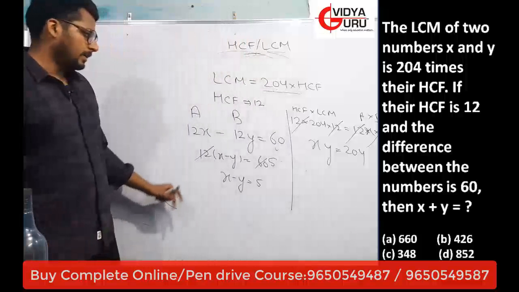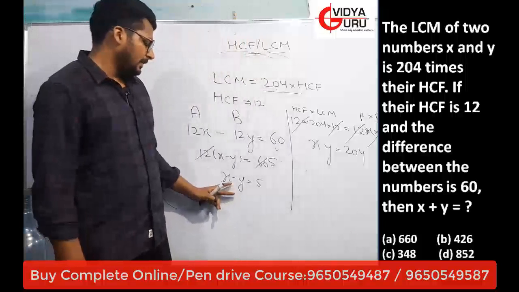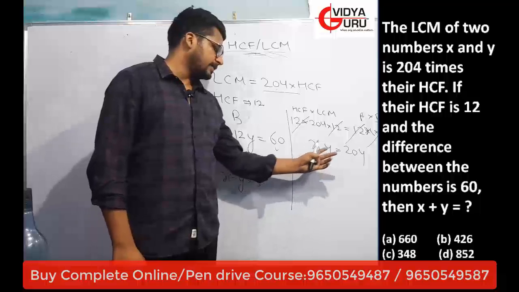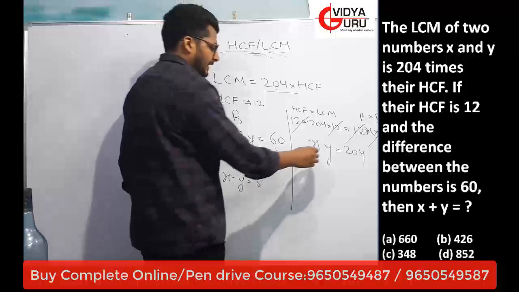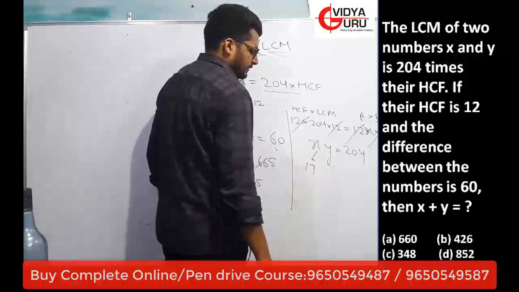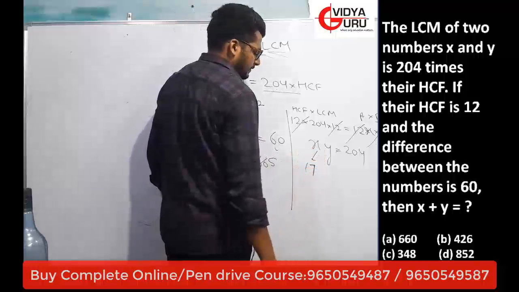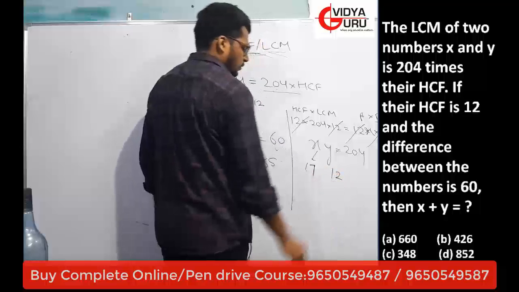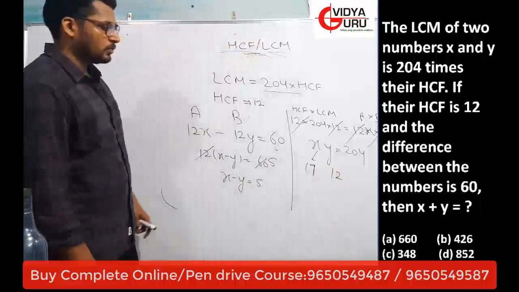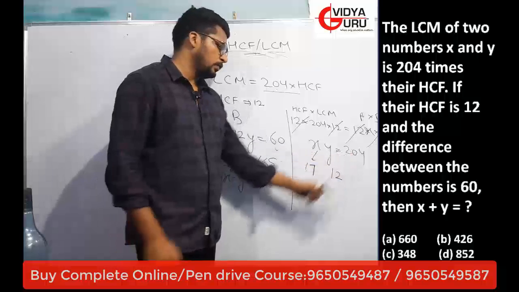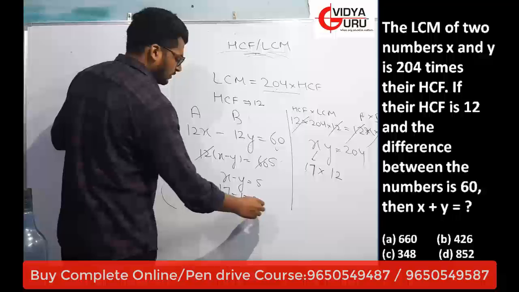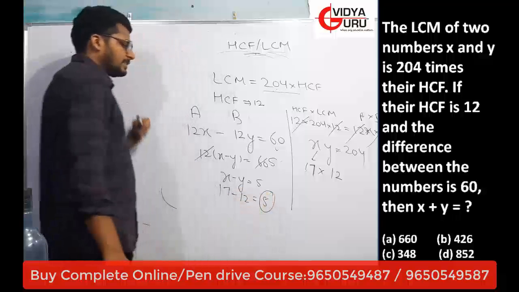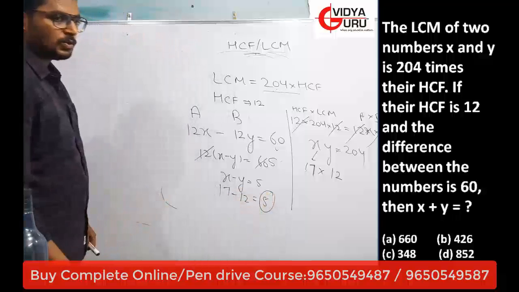Now I have to take x and y such that x minus y is 5 and xy is 204. If I take x as 17 and y as 12, this will be equal to 204 if I multiply them, and the difference of these two numbers will be 5. So x is 17 and y is 12.